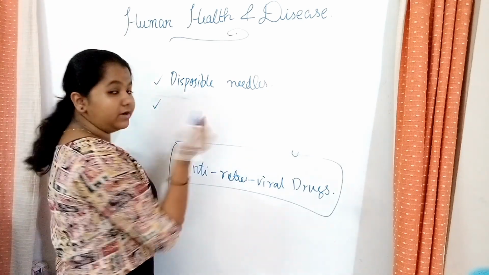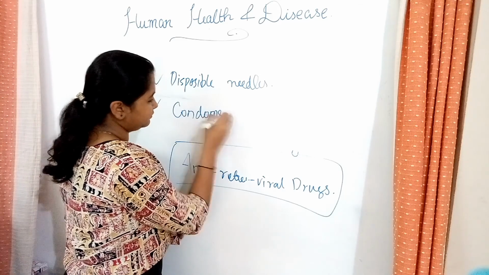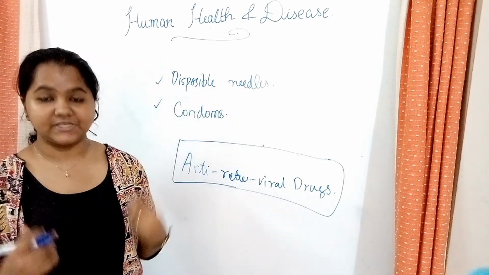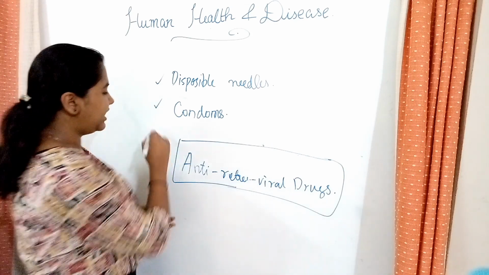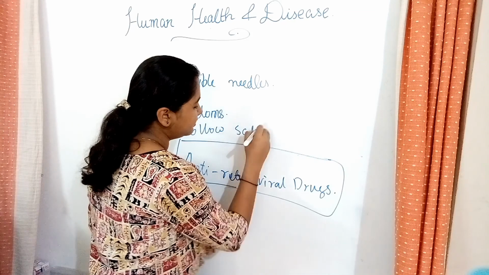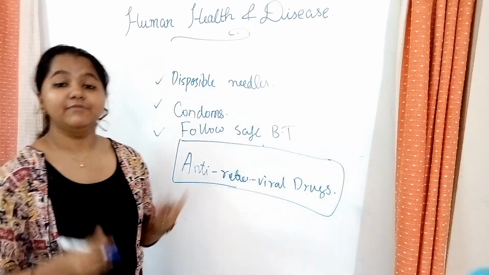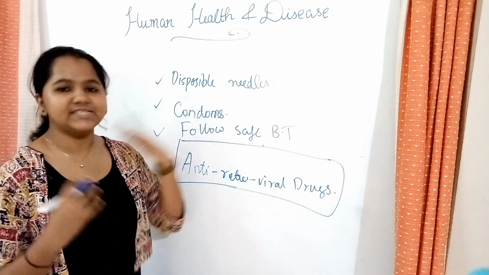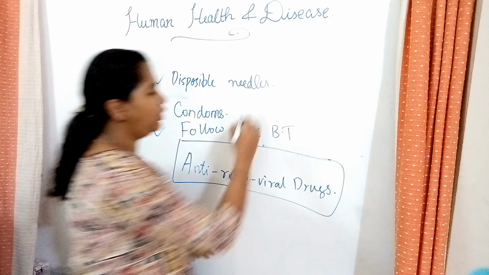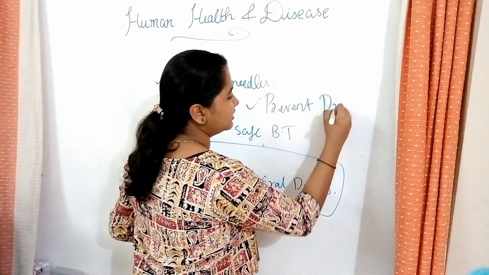So condoms should be given for free. Okay, I also told you that this can be transmitted by blood transfusions. So they have to follow safe blood transfusions. Okay, and also we have to prevent drug abuse. When there is drug abuse, there is sharing of these syringes. So prevent drug abuse.